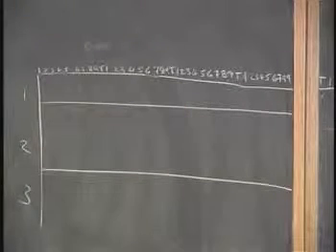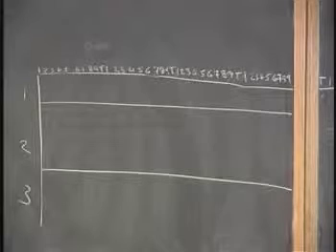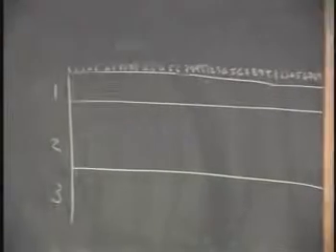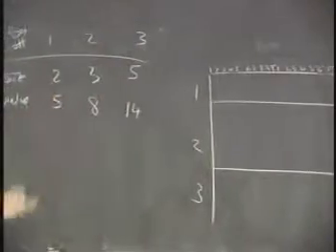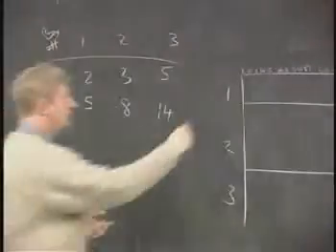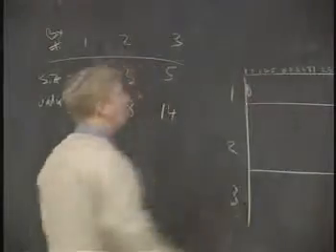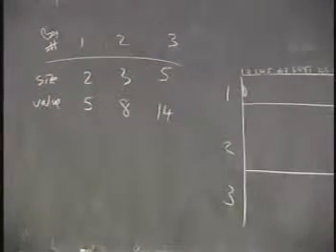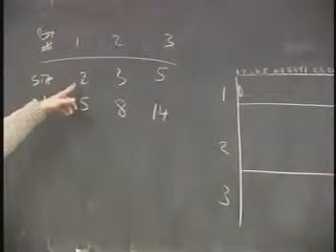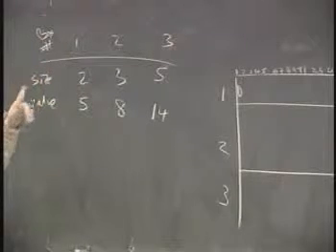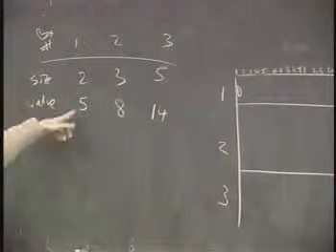If I have a knapsack of size 1, and I'm trying to fit in things only in box number 1, I can't fit anything in there. So that's 0. If I allow size 2, I can fit one thing in there. So that's 5.